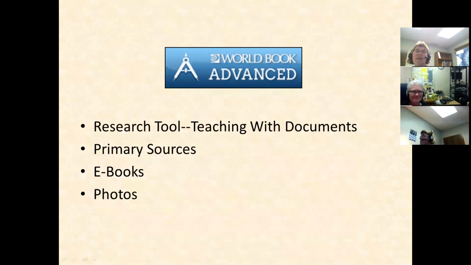World Book Advanced is the World Book that we know and love, and in Advanced, not only do you have a Teaching with Documents, you also have primary sources, ebooks and photos.